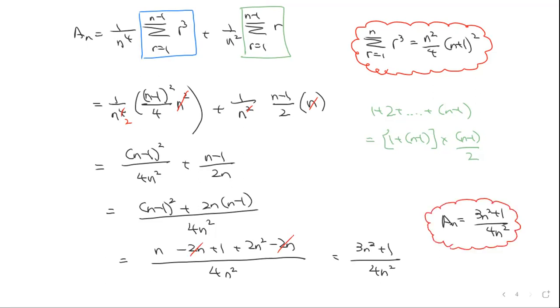We could, of course, also just check this conceptually. The question was telling us that as n goes to infinity, it goes to the exact value. So if we expect an to equal 3n squared plus 1 over 4n squared, then it's quite clear as n approaches infinity, an approaches 3/4. And we can quickly check if that makes sense.